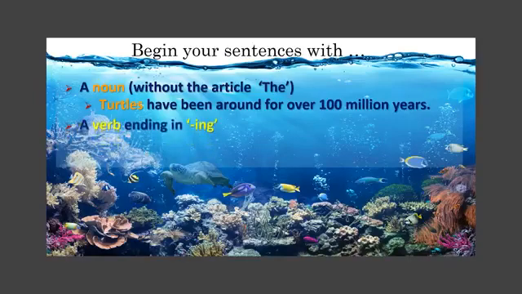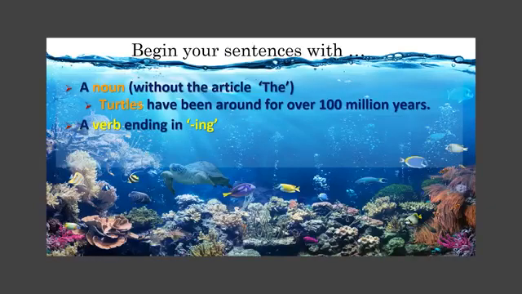The second way we can begin a sentence is using a verb that ends in ing. Now, if we look at this picture, we can think of verbs like swimming, bubbling, gliding, okay?